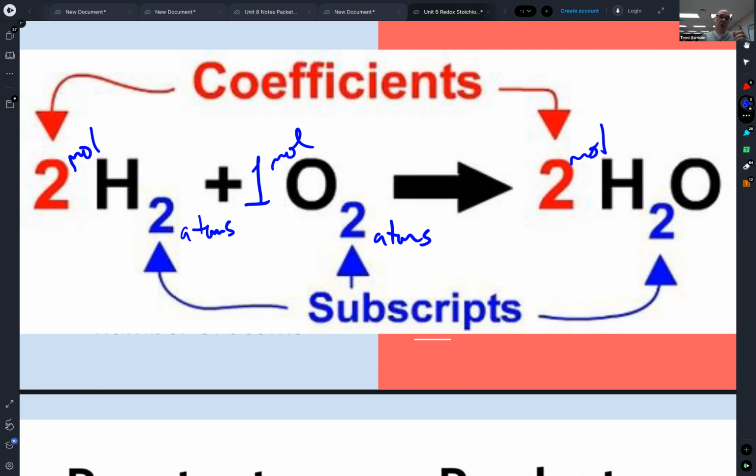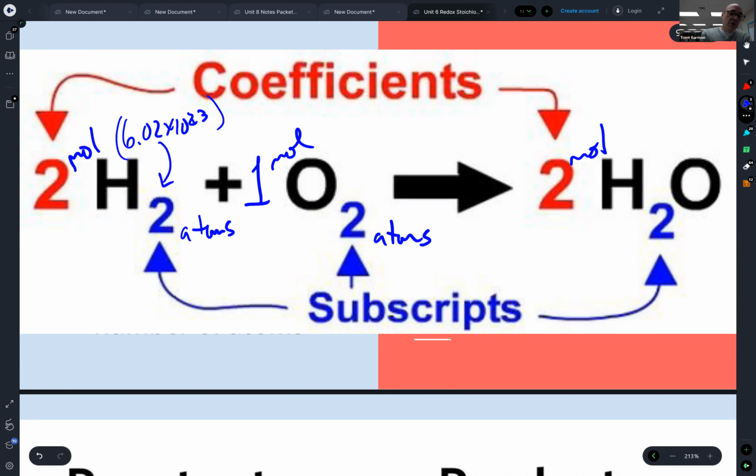So if I have 1 molecule of H2, I'd only have 2 atoms. But if I have 2 moles, well, a mole is 6.02 times 10 to the 23rd. So what I'm actually saying, if you can fathom this, is that you have 6.02 times 10 to the 23rd multiplied by 2, multiplied by 2.